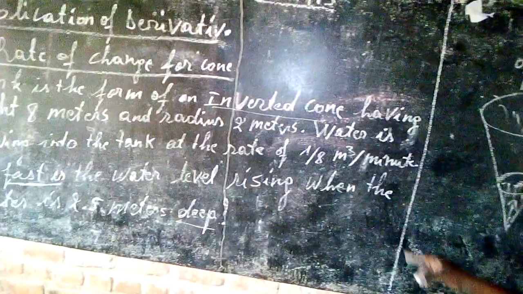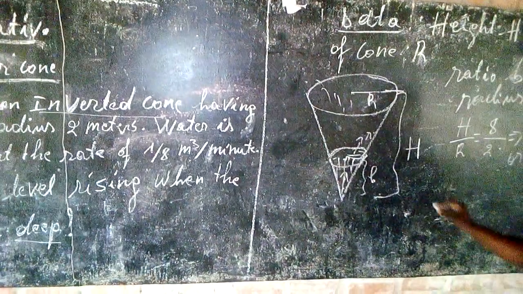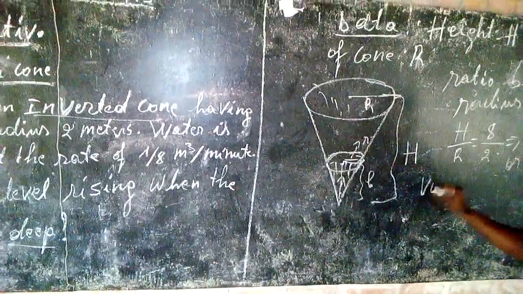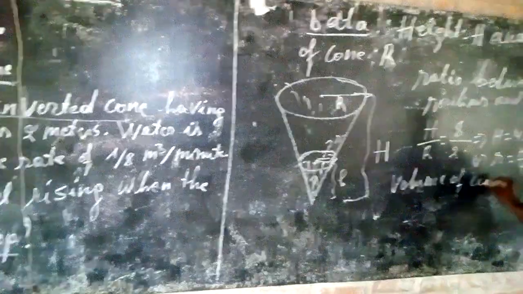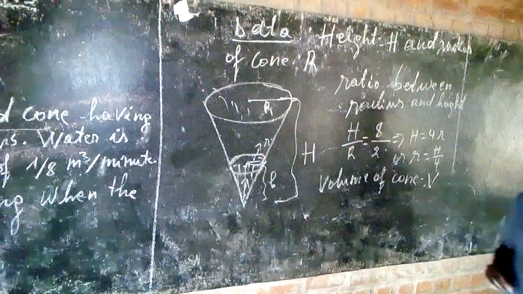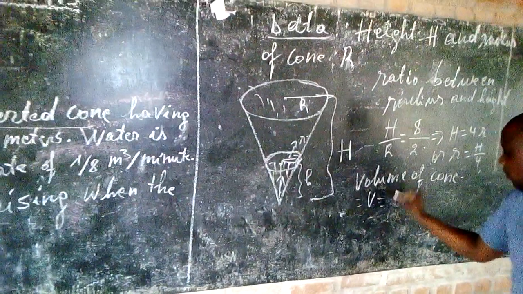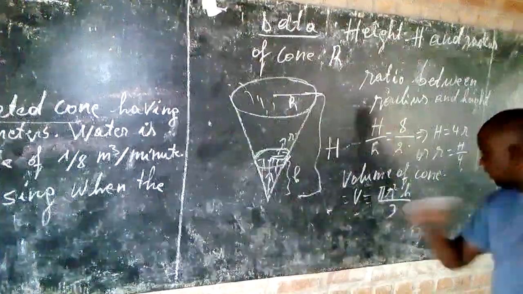Now we have a rate of volume with respect to time. It means we need the volume of the cone, which can be represented by V, which will be pi r square h over 3.